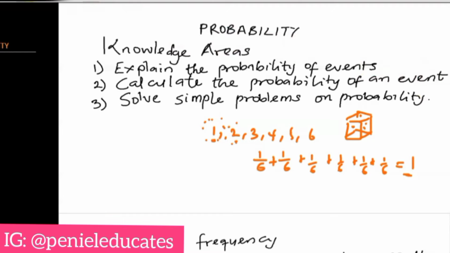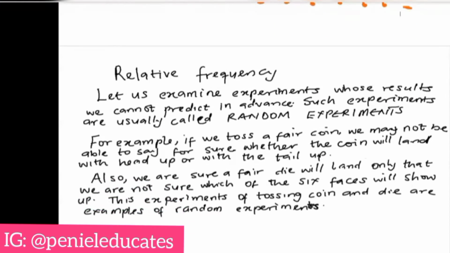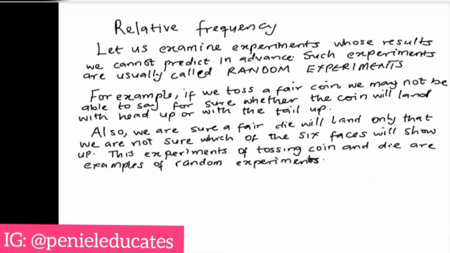Now, let us look at relative frequency. Let us examine experiments whose results we cannot predict. Such experiments are usually called random experiments because we cannot predict the result.